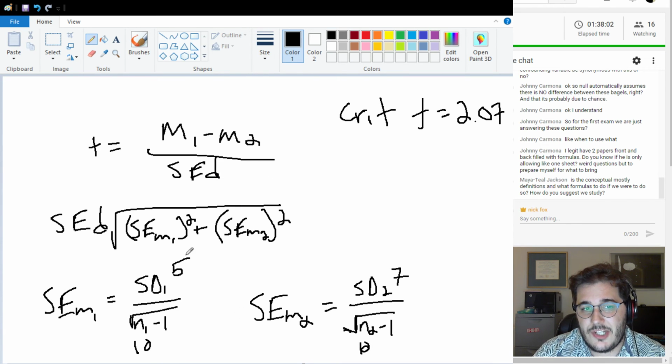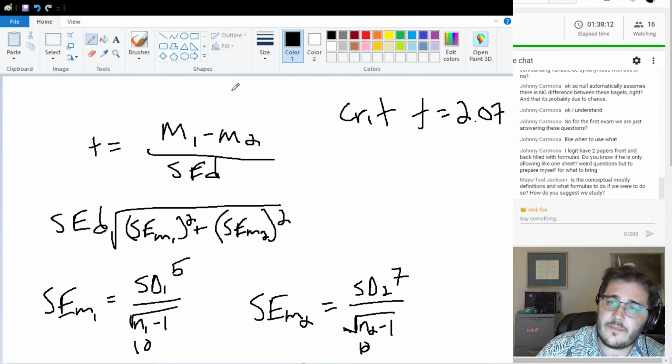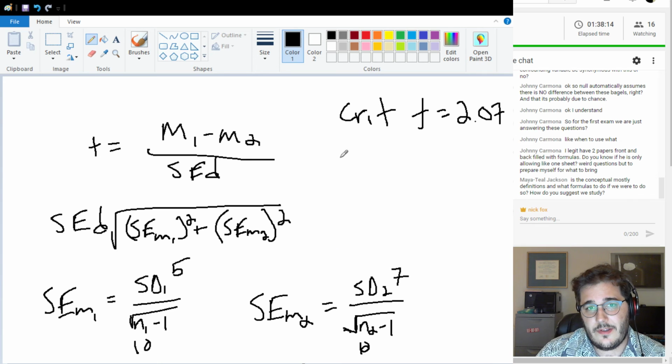What happens if I change these numbers? What happens if the standard deviation gets bigger? What happens if the sample gets smaller? What happens if the sample gets bigger? What happens if the mean difference gets bigger or smaller? Seeing how that affects your decision to accept or reject the null hypothesis, I think, will help you get comfortable with all these concepts.